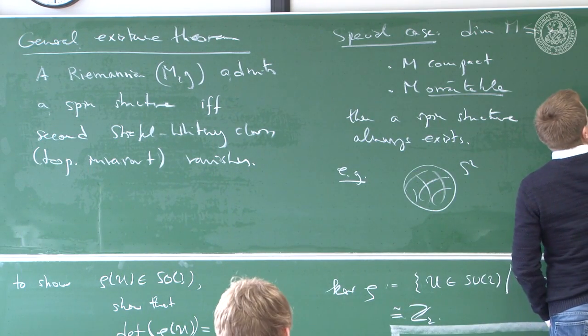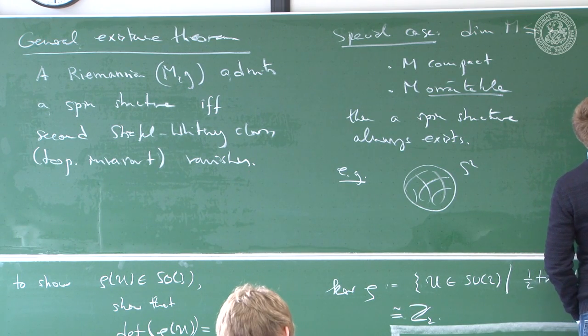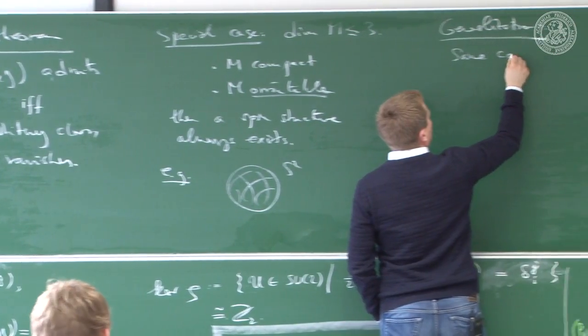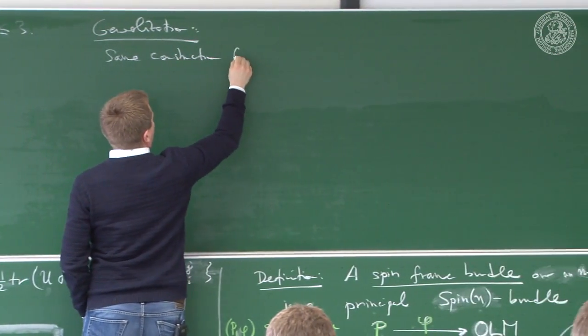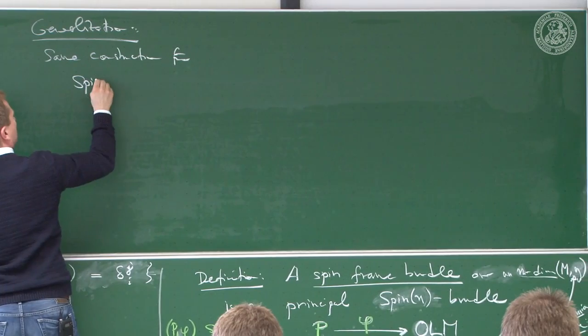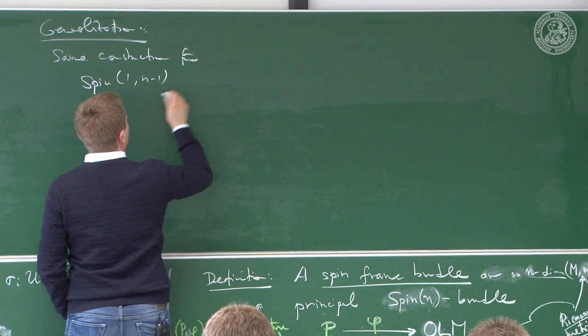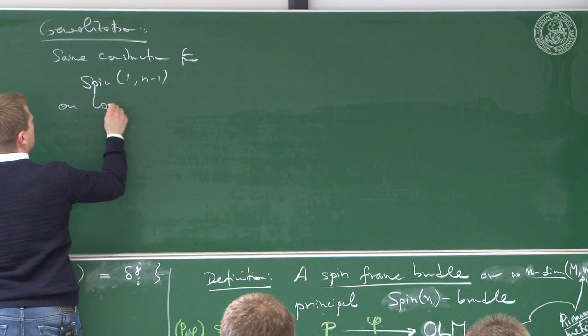Then let's go the other direction. A generalization is the same construction for spin(1, n-1) on Lorentzian manifolds.